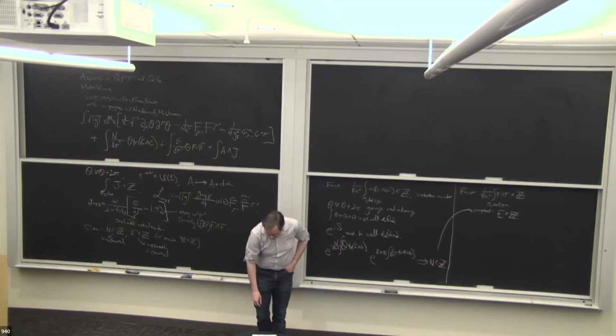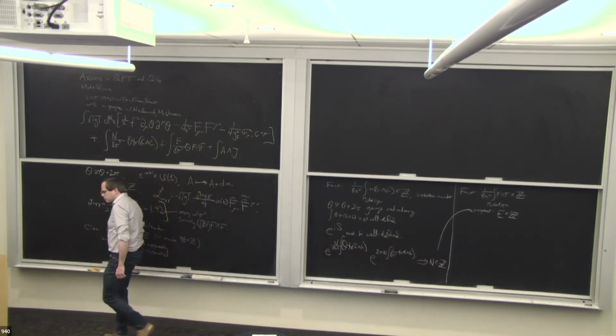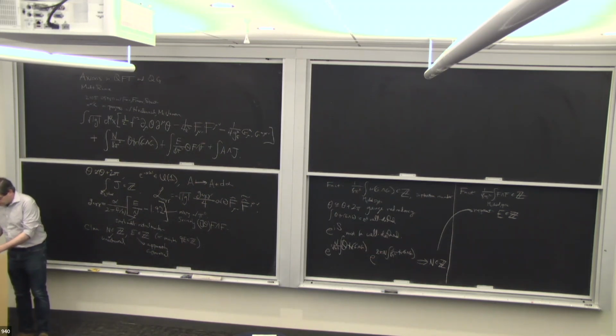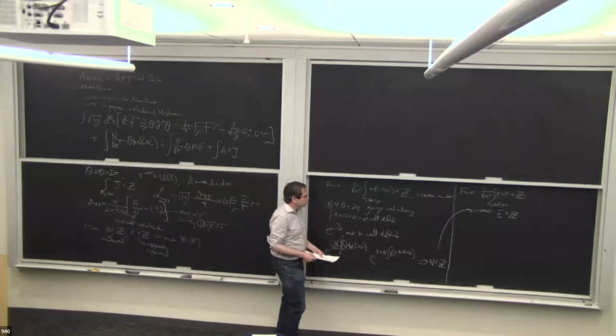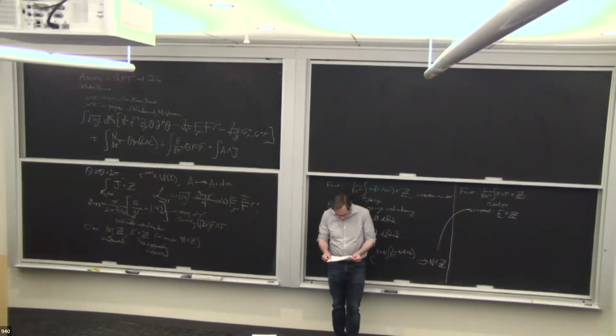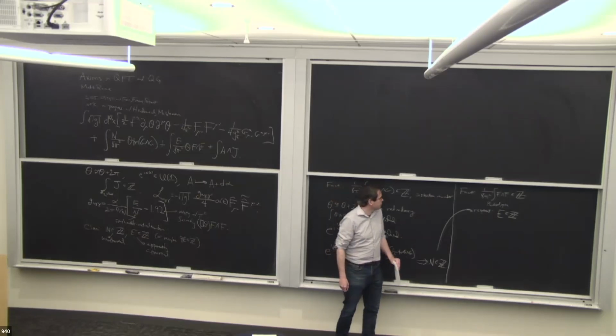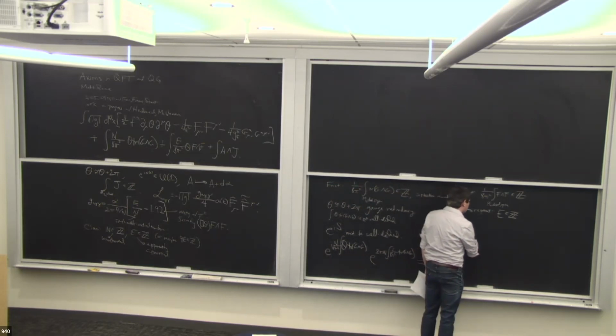Okay, so this is a simple argument. I think it's relatively well known, and yet recently people have been questioning it, and so I want to explain why you might question this.